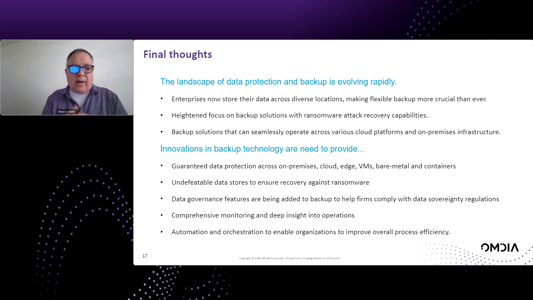It's nice to have best of breed, but if you have a different backup application for everything you're doing because you're going best of breed, that's probably not going to work out well for you. So try to consolidate process, try to do things all the same way, and look for vendors that are working on that seamlessly.